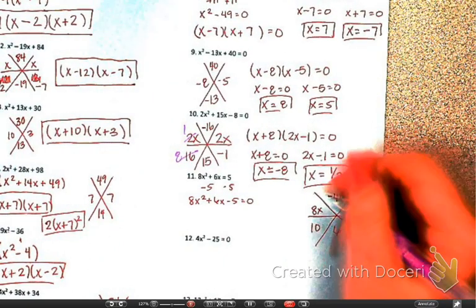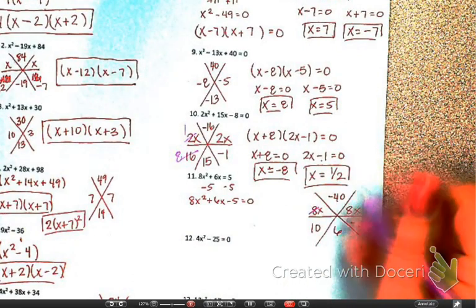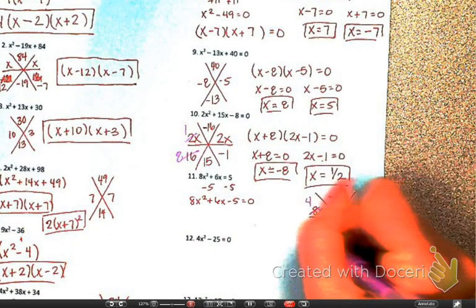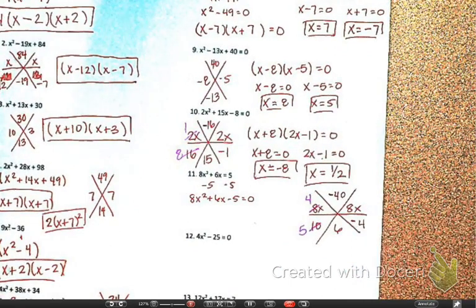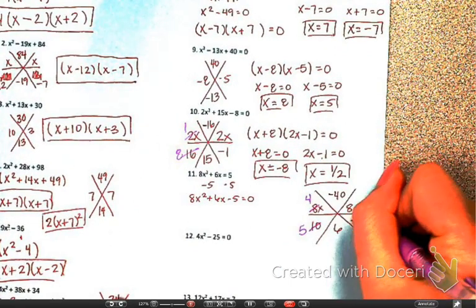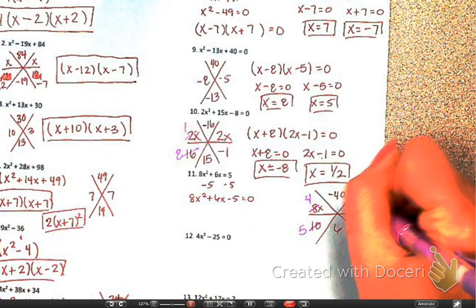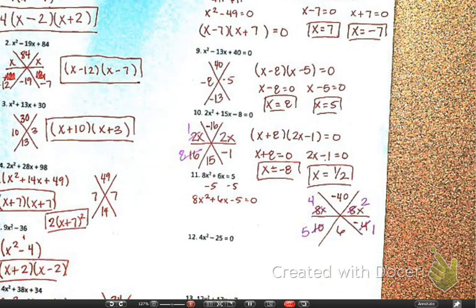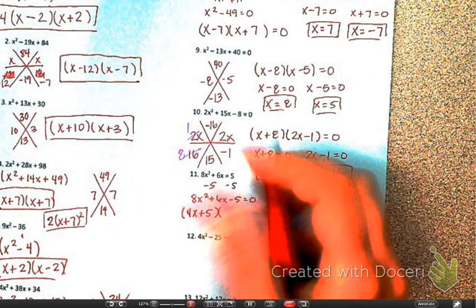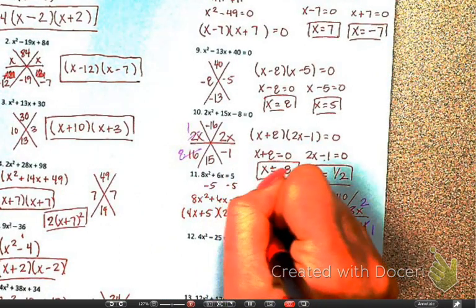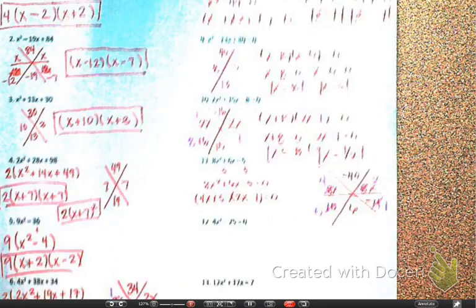I can reduce. 2 goes into 8 4 times, and 2 goes into 10 5 times. What goes into 8 and 4? 4. So it goes into itself once and into 8 twice. So I'm left with 4x plus 5 times 2x minus 1 equals 0.